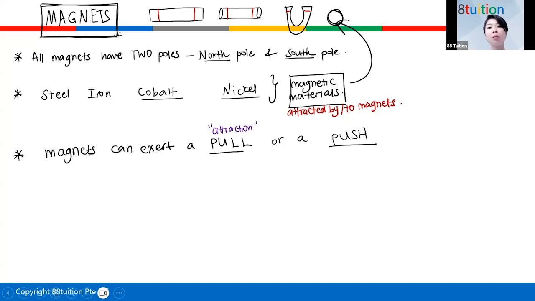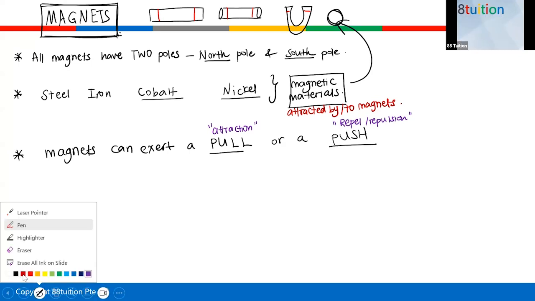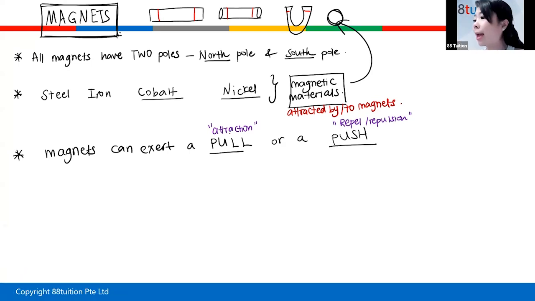Janelle, the pushing force, what do I call it? Starts with R. Repel. Repulsion or repel. Very good. So it's pushing away. So there are two occasions in which a magnet exerts a force of attraction.